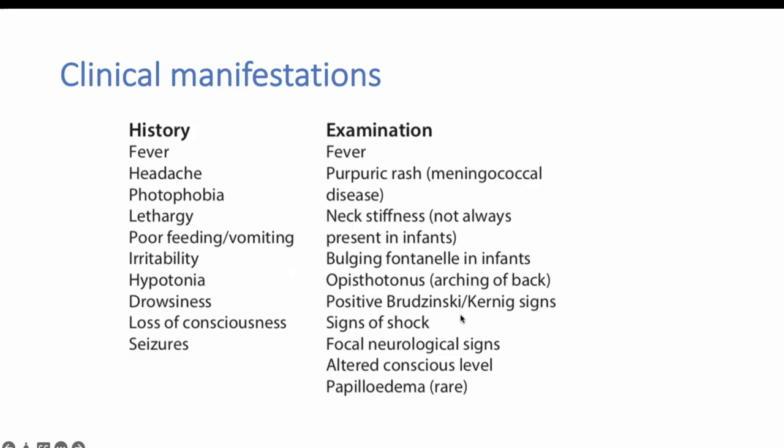So what's the theory behind neck stiffness and Brudzinski and Kernig signs? As we mentioned, it's all related to the irritation of the arachnoid meninges and subarachnoid space, and irritation of the nerve endings. And in some age groups, you will not find positive neck stiffness or positive Kernig and Brudzinski signs.